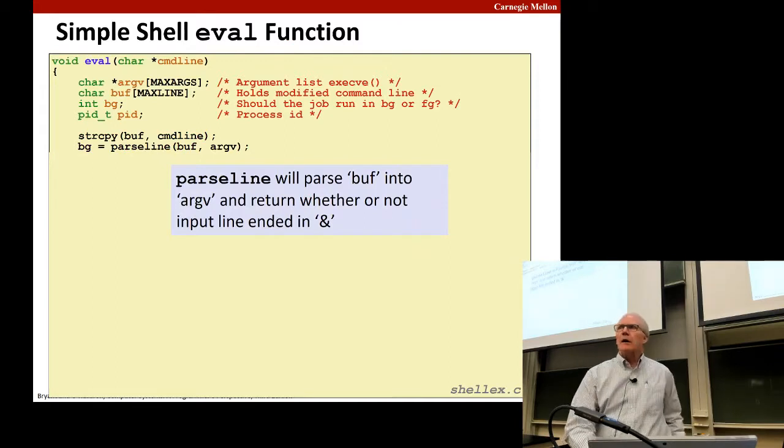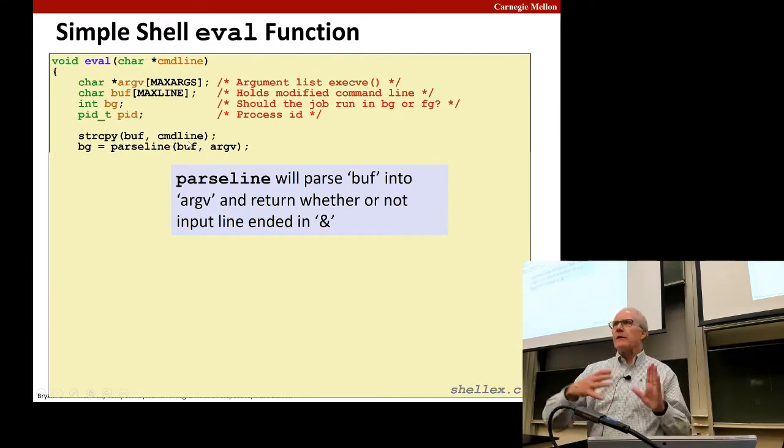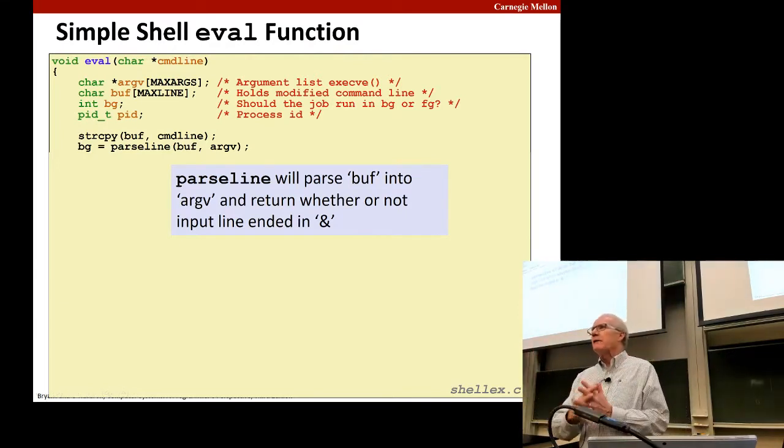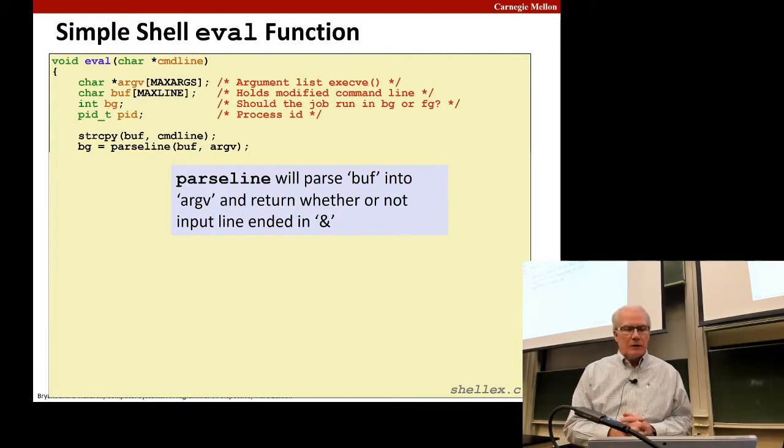So let me just go through pieces of this. The interesting function is this one called eval, and let me just step through parts of it. There's some parsing that takes this command line and breaks it into separate fields to form the argv. An argv will be an array of strings formed by breaking up the command line.